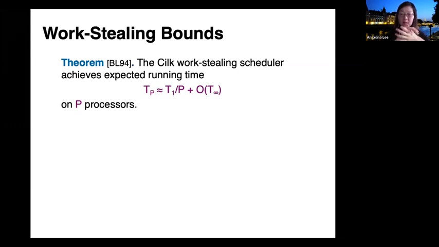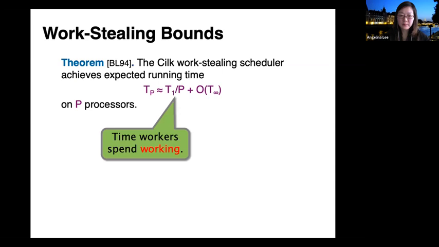Again, T_P denotes the execution time running on P processors. Theoretically, we can show that the time it takes to execute the parallel program on P processors is equal to the total work divided by P, where P is the number of processors you're using, plus big O of T infinity, the span.